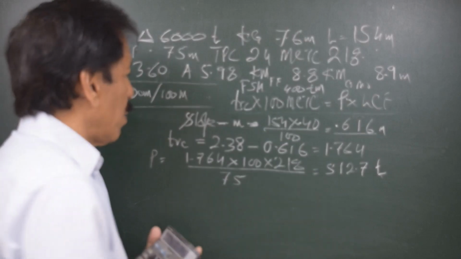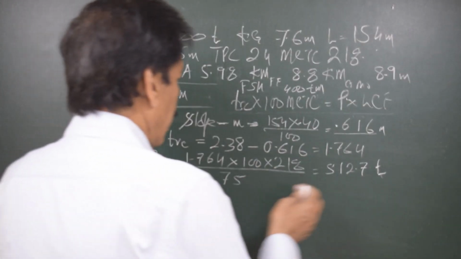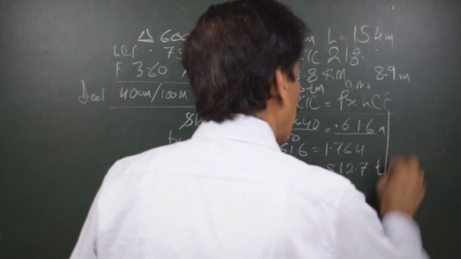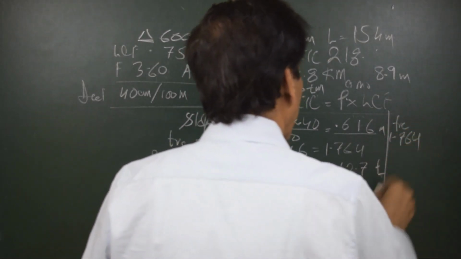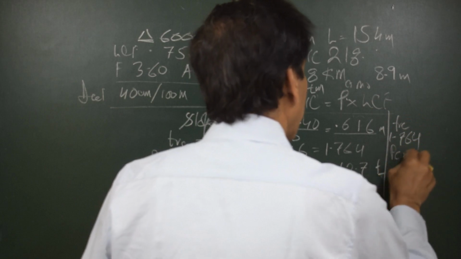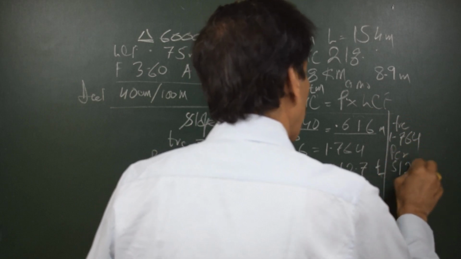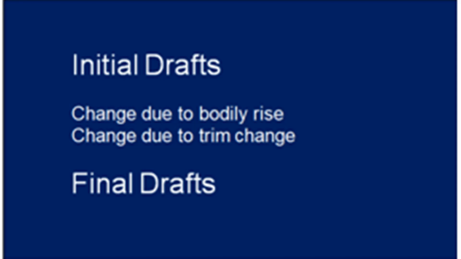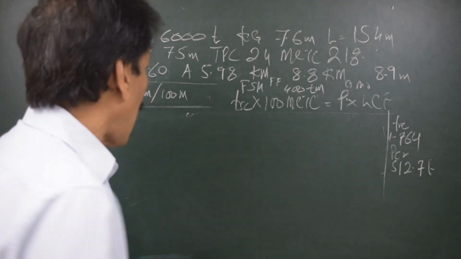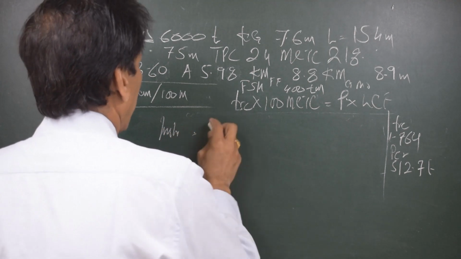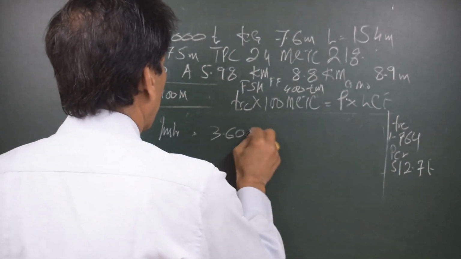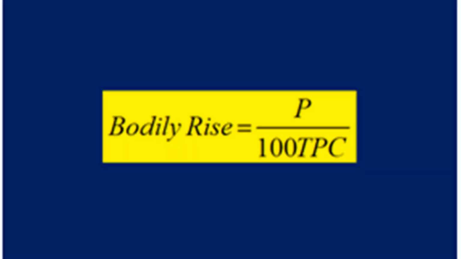Now we'll note down this data and then do the question. Trim change is 1.764 and P critical is 512.7 tons. Let's do the standard trim format. Start with the initial drafts, that is 3.600 and 5.980.